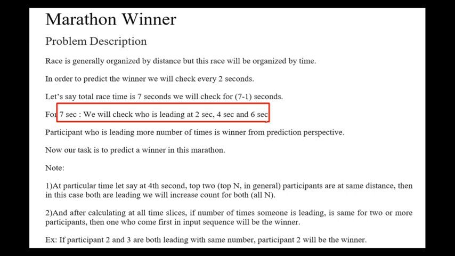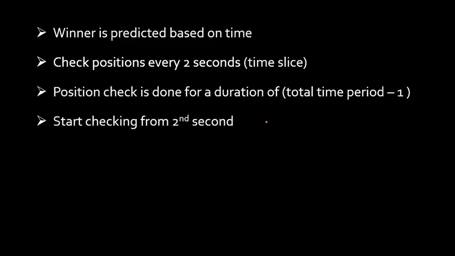So, you need to start checking from the first time slot. What is the first time slot? 2 seconds. So always start checking from 2 seconds. After 2 seconds, go to the 4th second. After that, go to the 6th second. So is it clear? Don't start from the 0th second. Don't start from the first second. Directly start from the second.